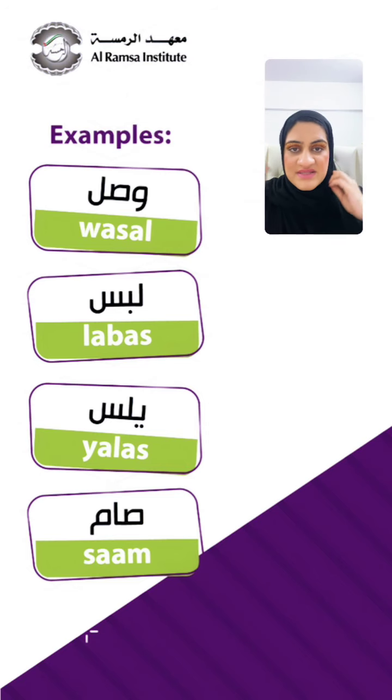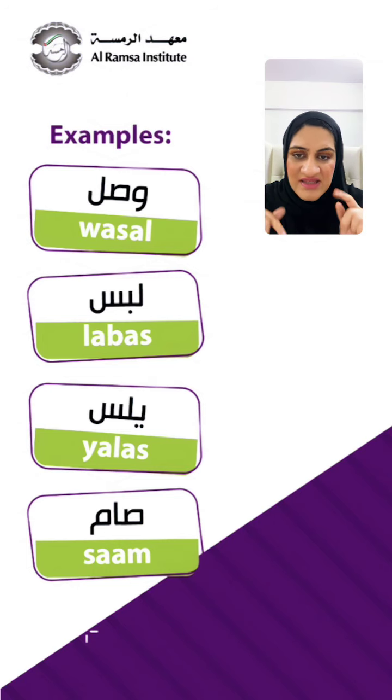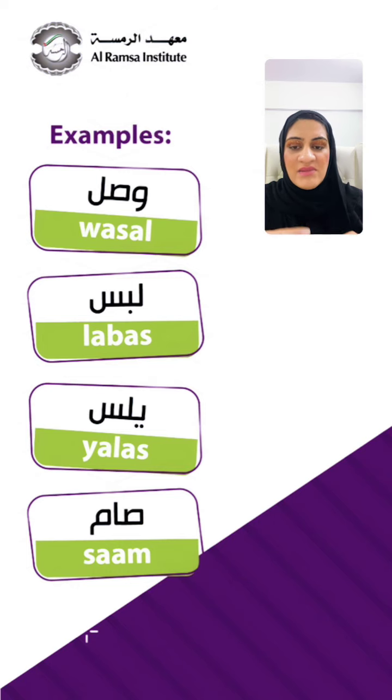So واصل for a male. لبس, labas. يلس, yaales. صام, صايم. For sam, there is already a double A, so imagine if I add two more A's, it will be sam.